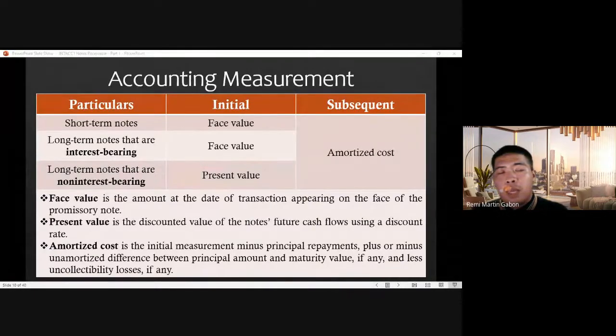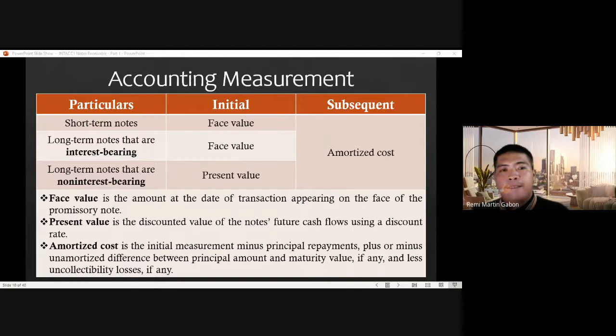In fact, when I discussed the overview of receivables, we associate receivable with the transaction coming from credit. So that's why when we extend credit to someone or to another entity and there is a doubt for the collection, following accrual basis, we are already recognizing the credit losses. Okay? Credit losses.